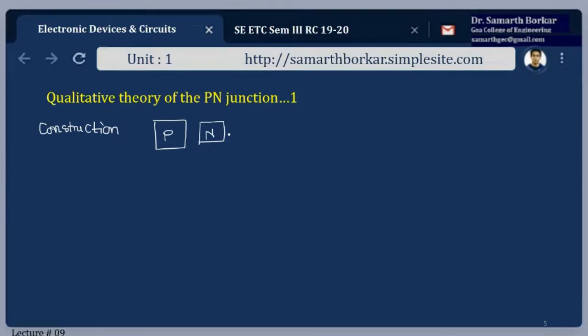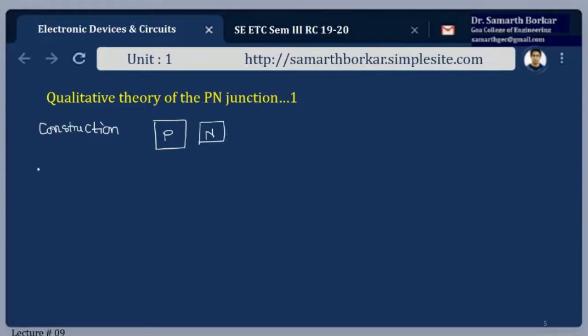Now how this is done, we take a common intrinsic semiconductor, and if donor impurities are introduced into one side and acceptor impurities are introduced into another side of a single crystal, fine, at the time of crystal growing, then it is referred to as a grown junction.